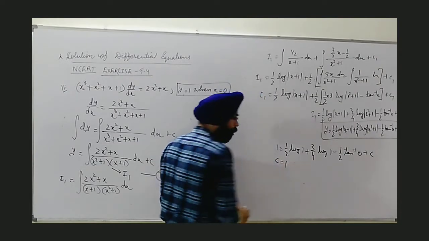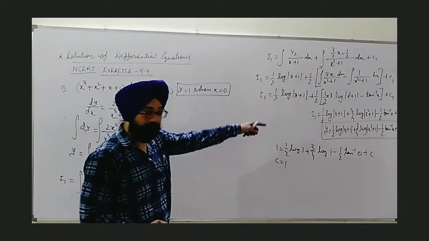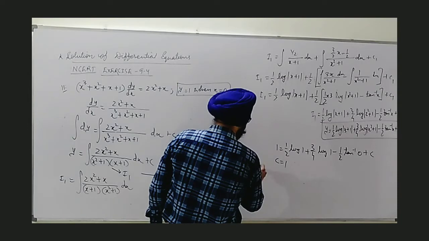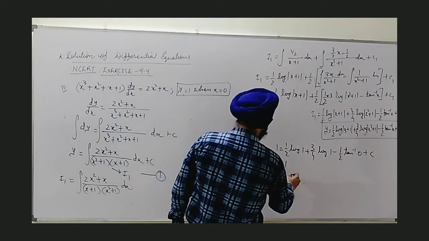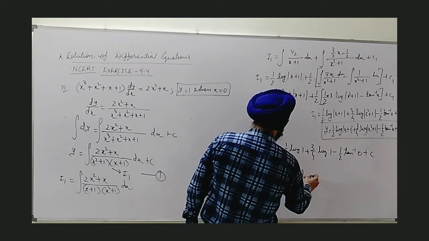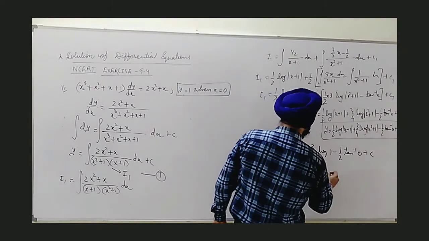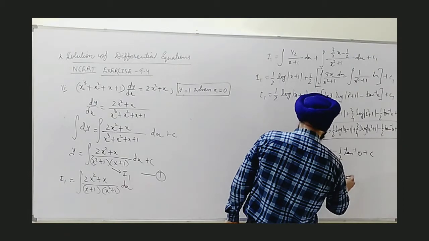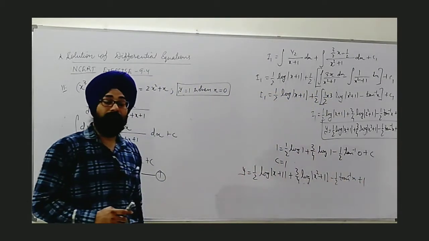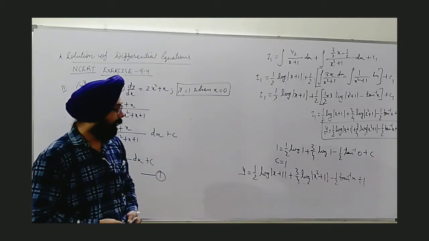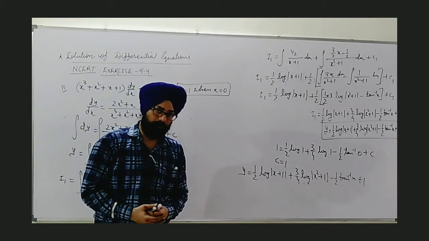So c equal to 1. Now the particular solution is y is equal to half log mod x plus 1 plus 3 upon 4 log mod x square plus 1 minus half tan inverse x plus 1. This is the final particular solution. I hope you get it. Let's take one more equation on particular solution.